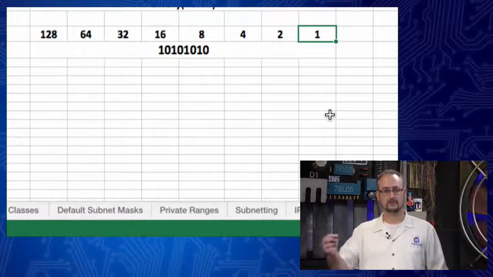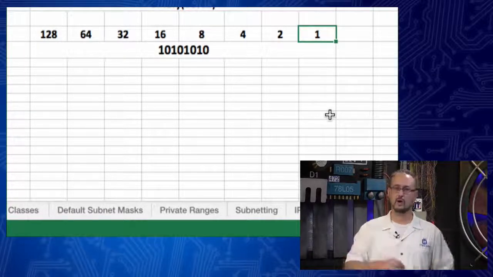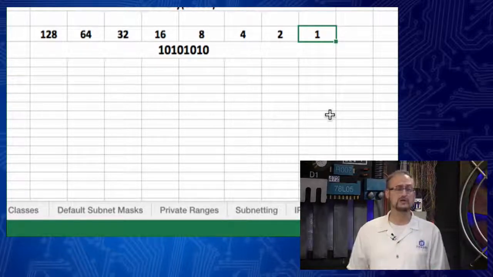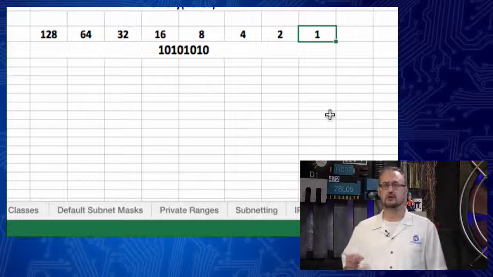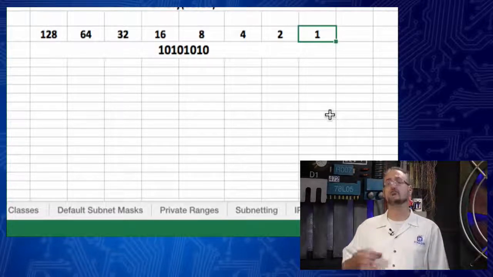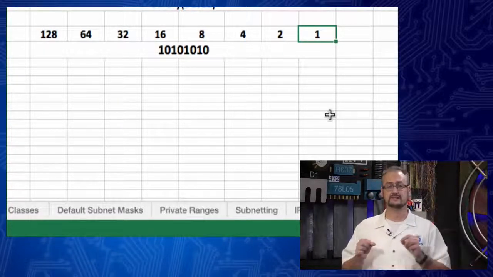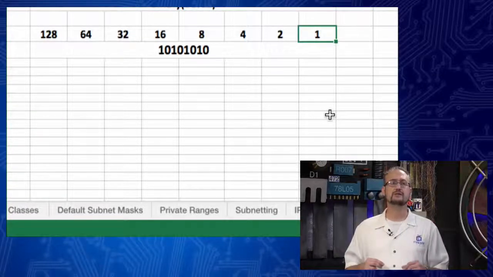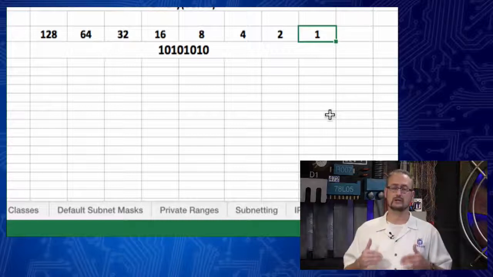Again, 2 to the power of 0, 2 to the power of 1, all the way out to 2 to the power of 7. I want you to know this chart, because it is going to be very important in understanding how to take a decimal number and convert it to binary.